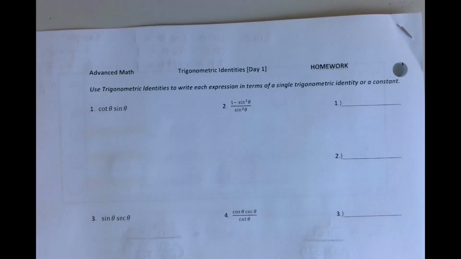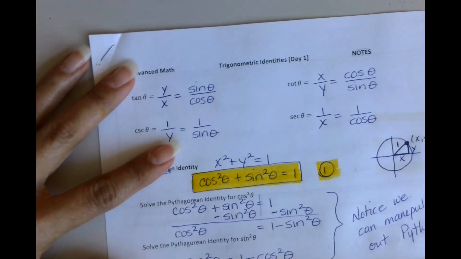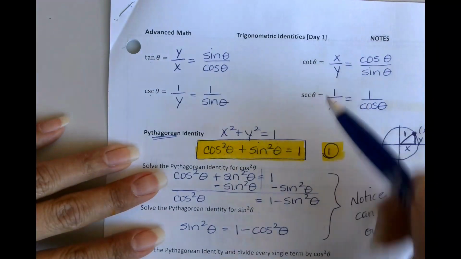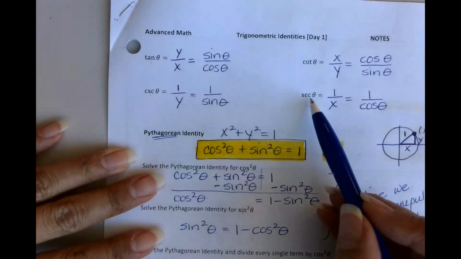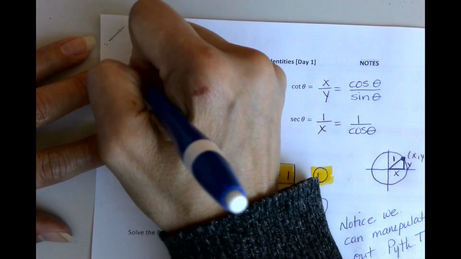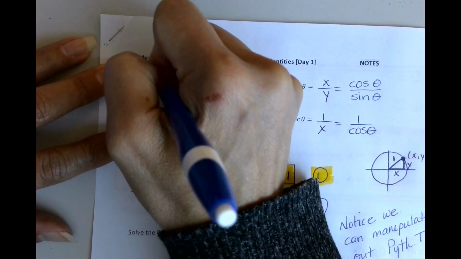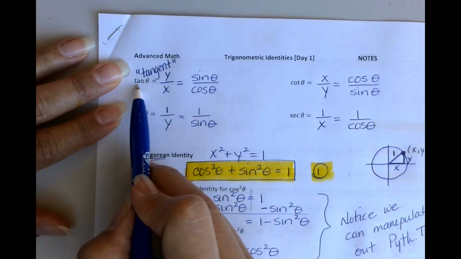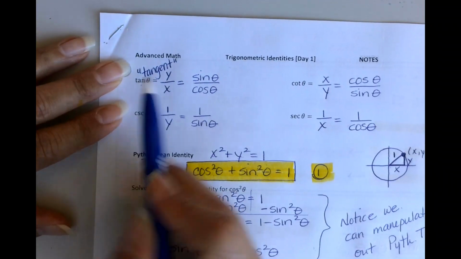I do want to do one last thing. I do have students that are not really pronouncing these trig functions correctly. For instance, they're saying sec or cot. So on this front side of your paper, please write out the pronunciations of your trig functions. So this first one, you can read it as tangent theta or tan theta.